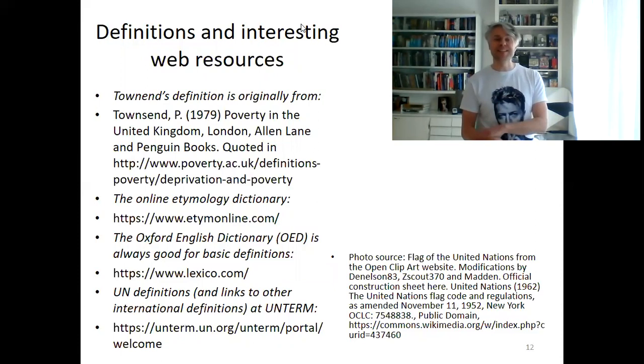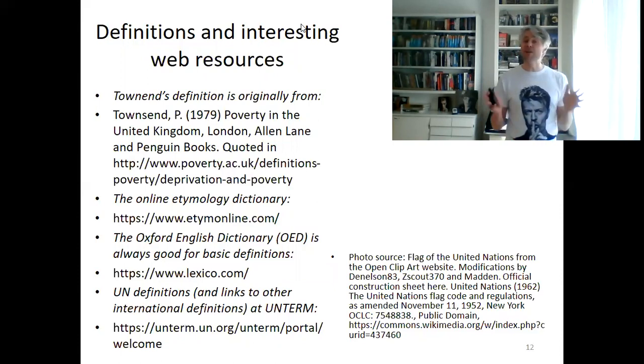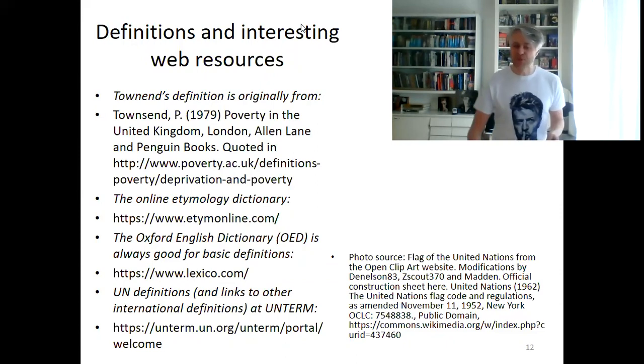The current address is lexico.com, but it does change from year to year. And finally, UN Term, a really wonderful website collecting terminology, standard definitions from UN or UN affiliated organizations. And I think they even give translations into the main languages there. So there are some fantastic resources out there.